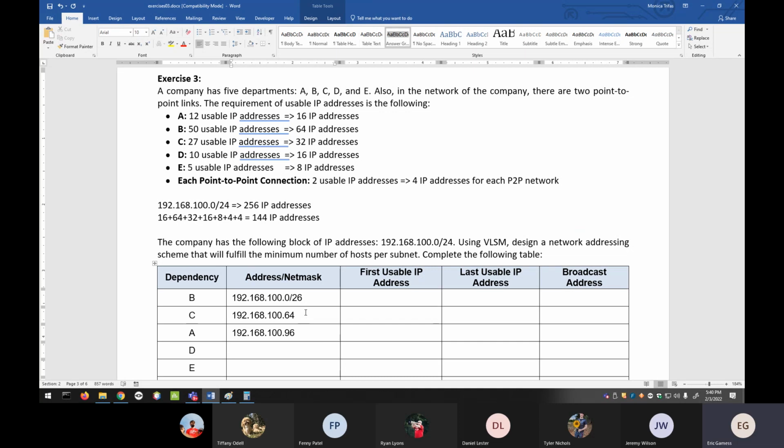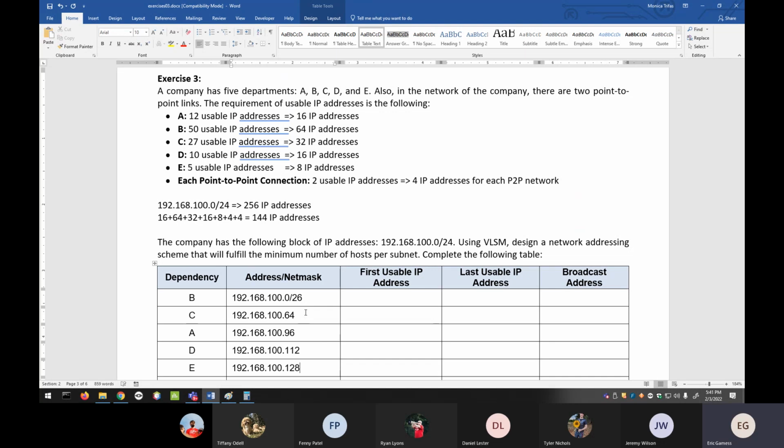Okay. Now, if A has 16 IP addresses, D will start where? 112, correct. Why 112? 96, where A starts, plus the 16 that A has. 96 plus 16 gives me 112. If D has 16 IP addresses, E will start where? 128.